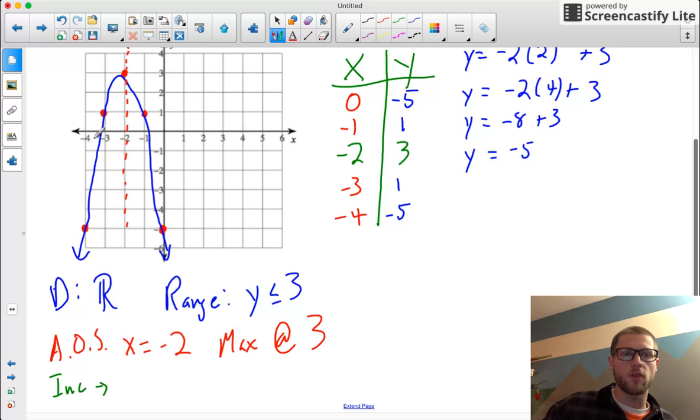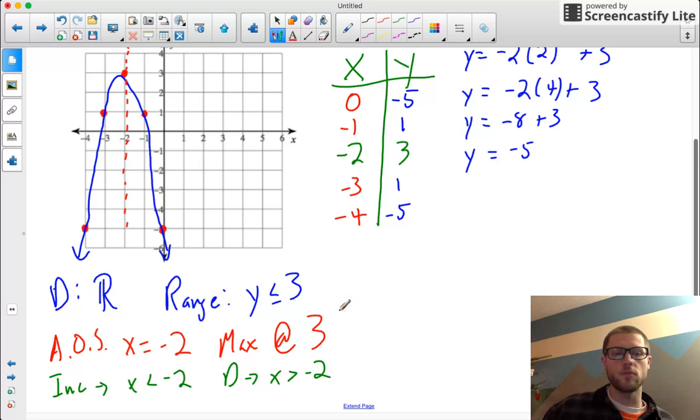Well, to the left of -2, all my x values will be less than -2. So I'm increasing when x is less than -2, and I'm going to be decreasing on the other side of this thing. So once I pass that vertex, I'm going to be going downwards, and x will be greater than -2. And that looks like we've covered all the basics for our properties, and there you have it.